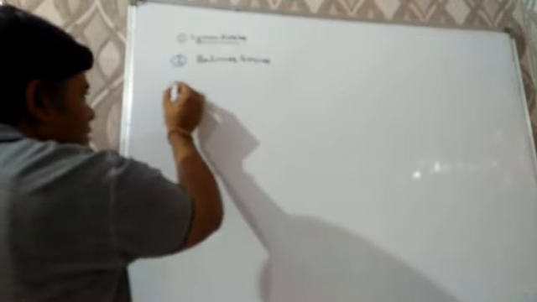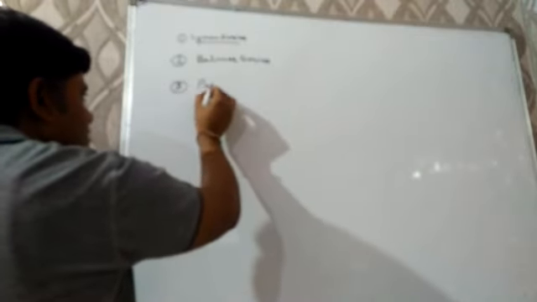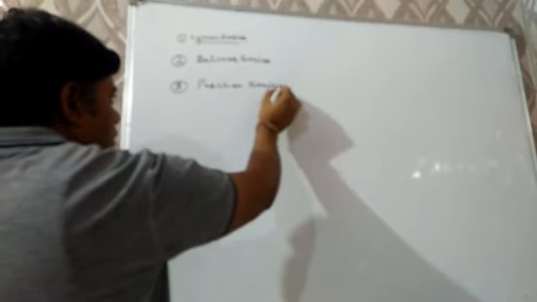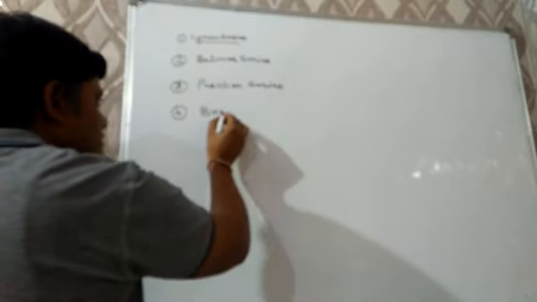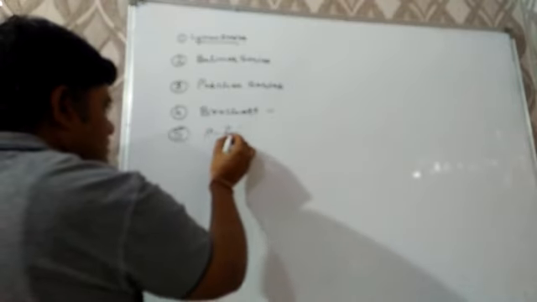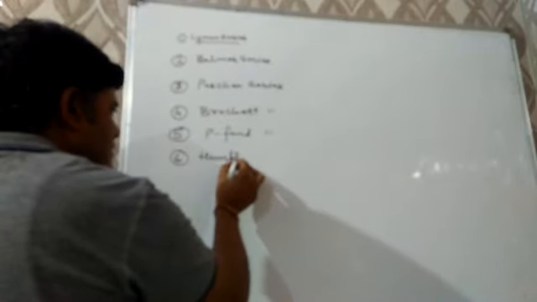Third one is Paschen series. Fourth one is Brackett series. Fifth one is Pfund series. And sixth one is Humphrey series.